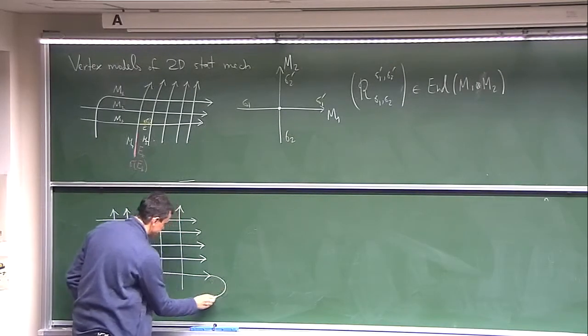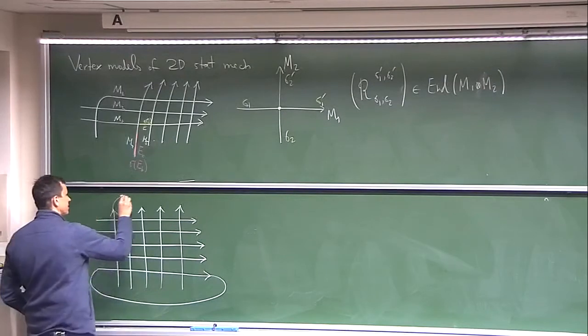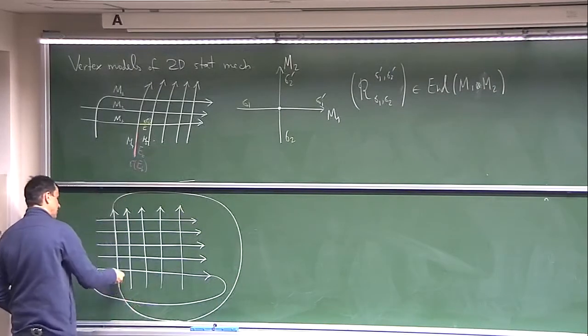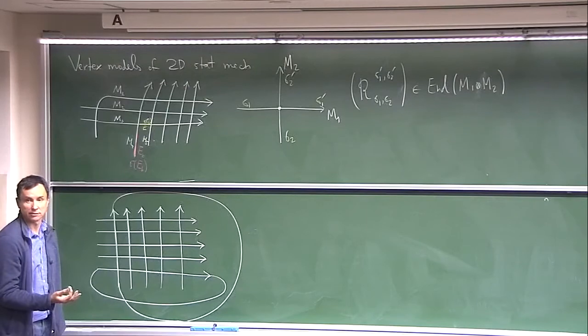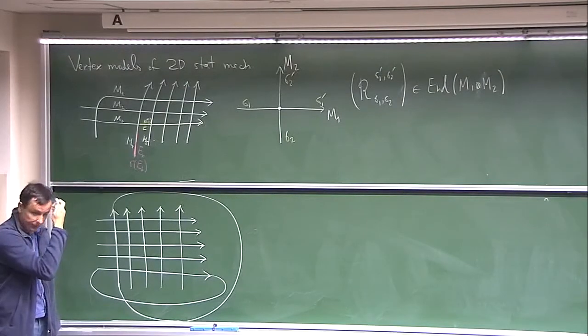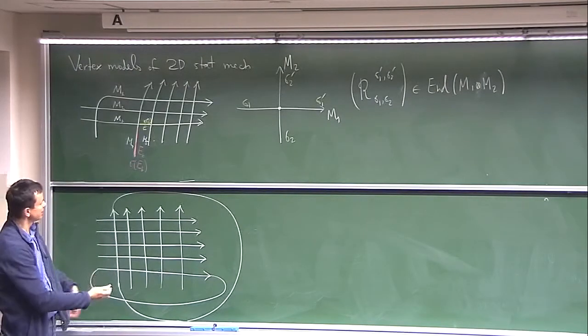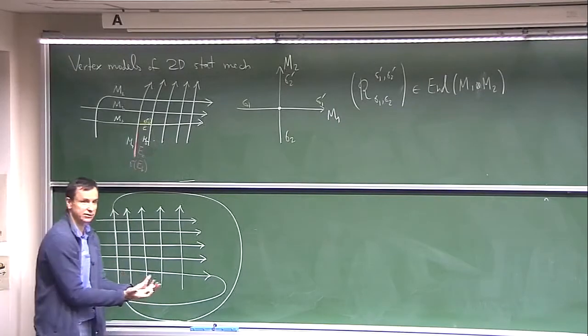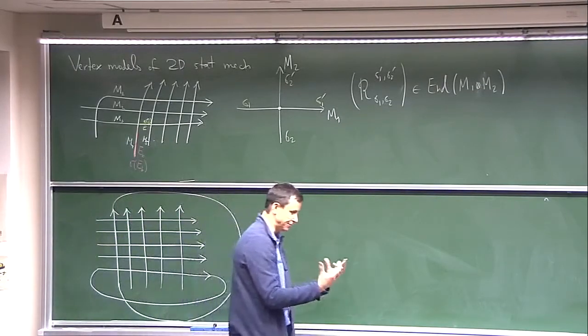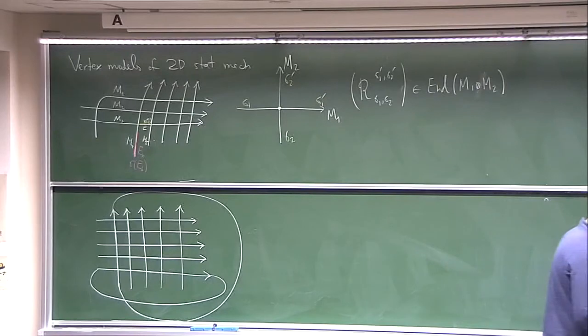And then you close all this, it looks like this. Then you get a number, which is interpreted as a partition function. The geometry here is that the graph sits on the torus.